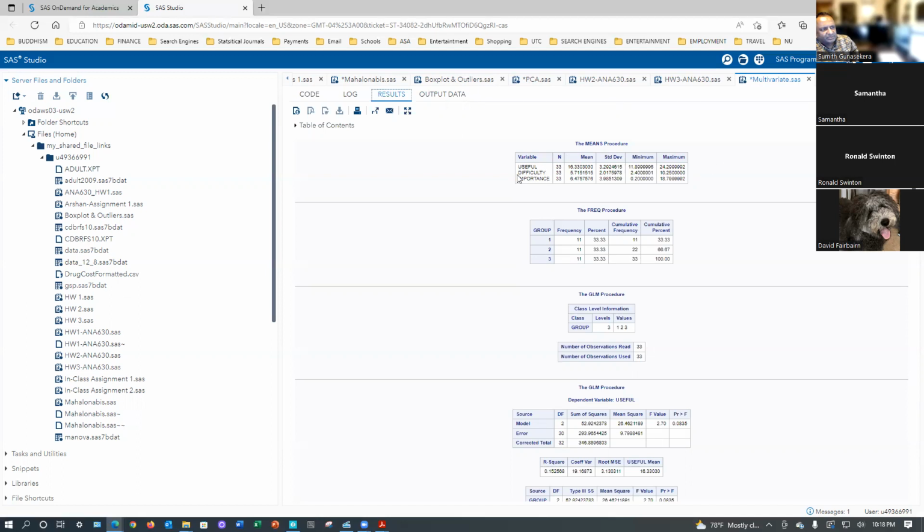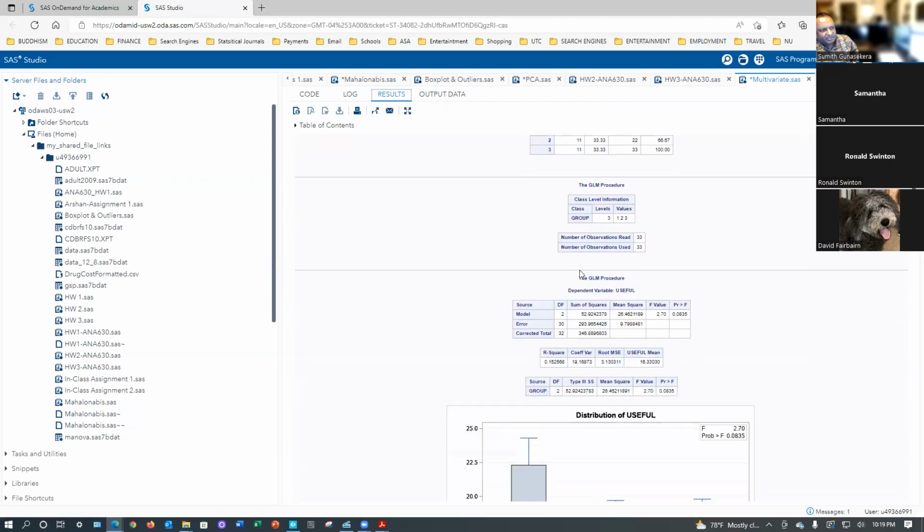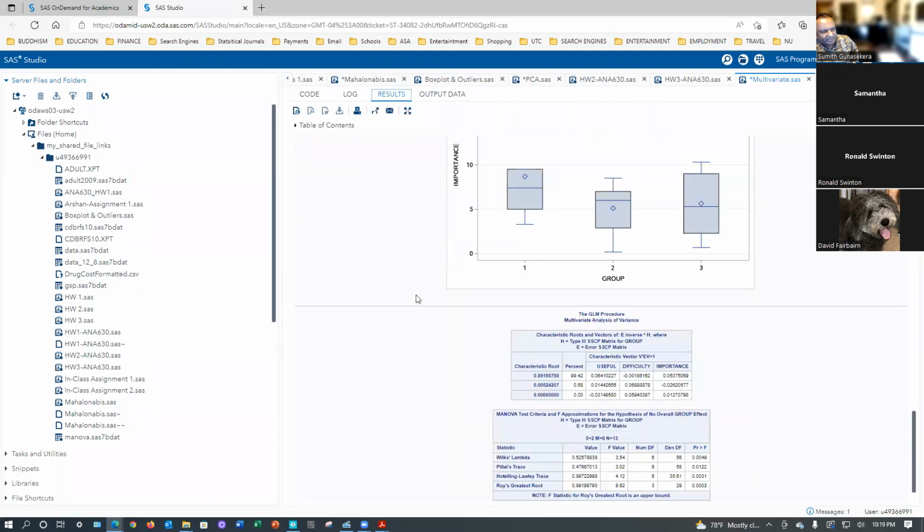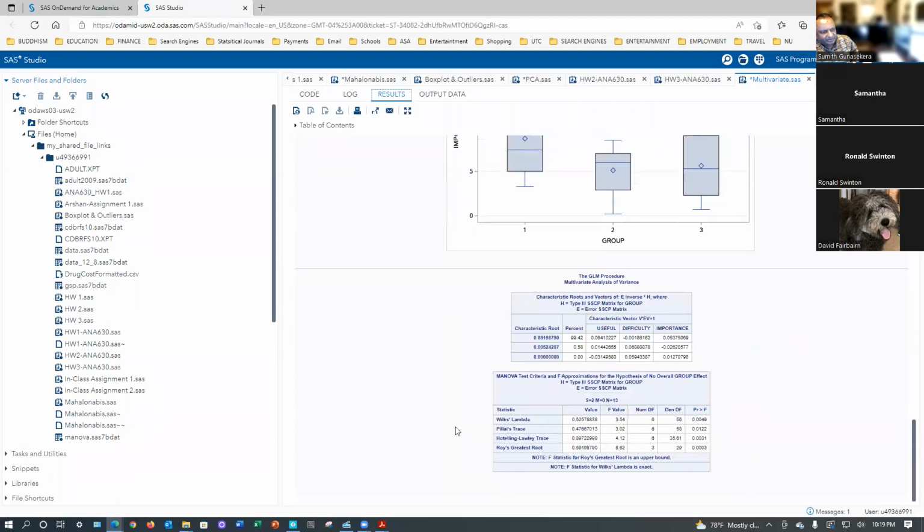Usefulness, 33 people, difficulty, all 33, importance 33, the average, standard deviation, minimum. And mainly we are interested in this part.